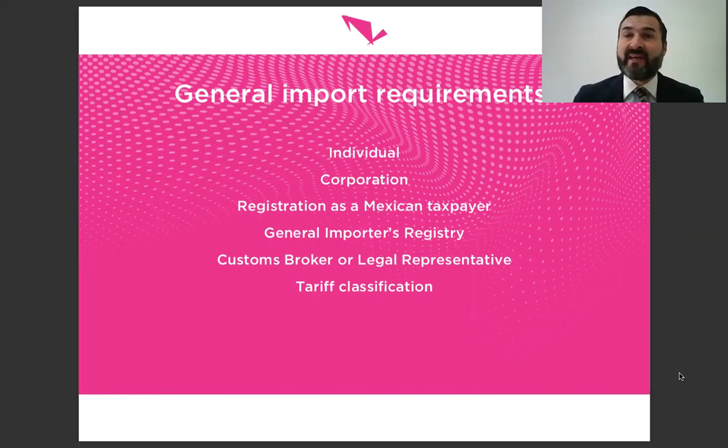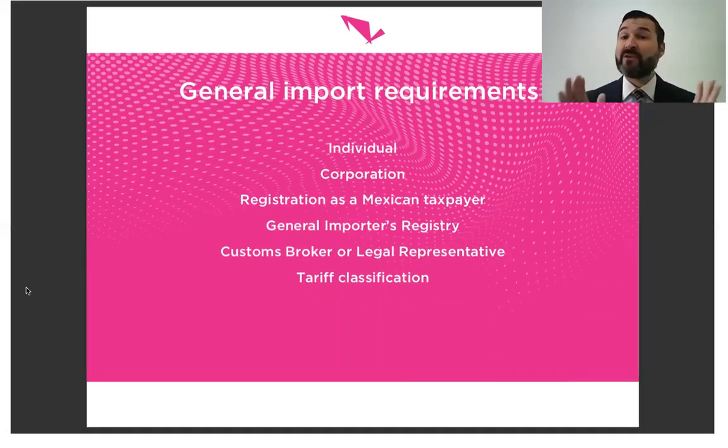Imagine that this is the gatekeeper, or the gatekeeping situation, where you are a taxpayer, you are registered, but if you don't have this registration, you will not be able to import. Okay, so this is something really, really important.